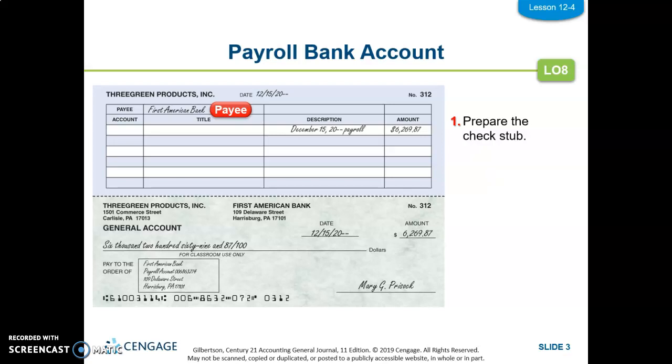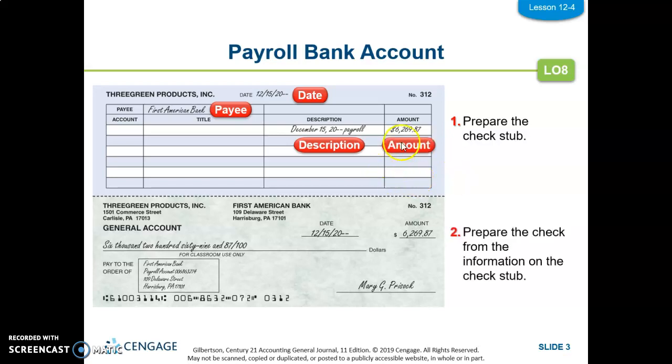So put the payee on it, the date, the description, which payroll it is, and then the amount. And make sure that you know on the amount here that this is the net pay amount for the entire December 15th payroll. And again, we're looking at the payroll account when we're talking about this.